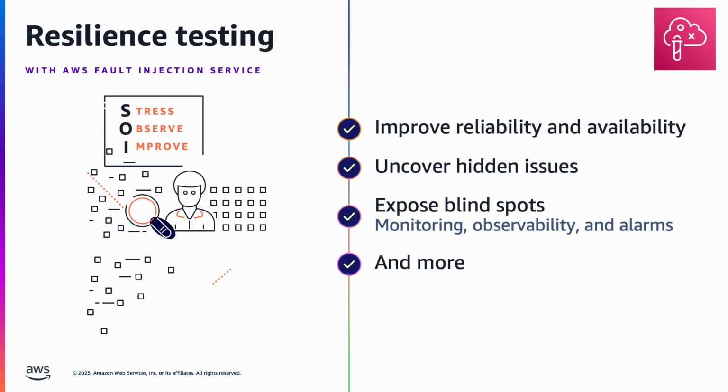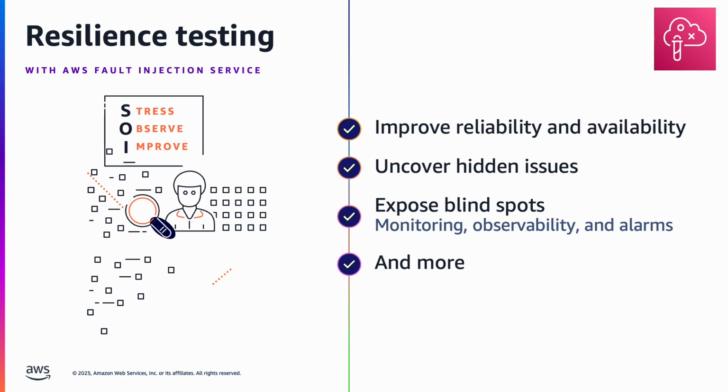AWS provides a service called Fault Injection Simulator that allows you to conduct resilience testing. Resilience testing with AWS FIS is necessary for the following reasons. First, it can improve reliability and availability. Second, it can uncover hidden issues that we are not aware of beforehand.